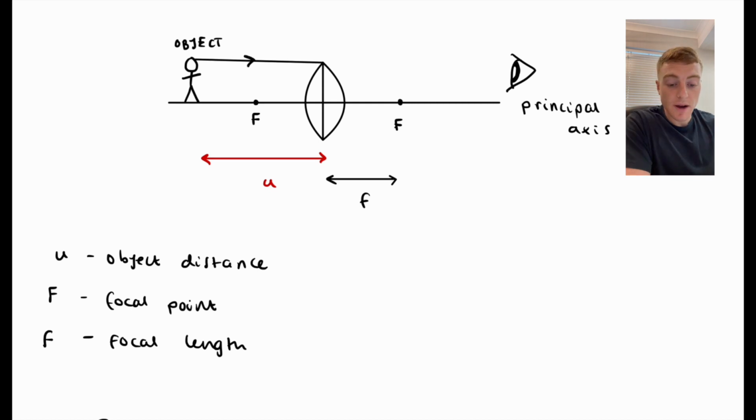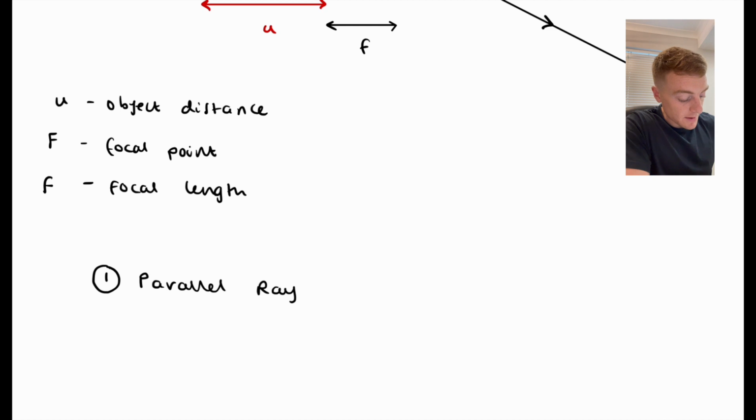Now the parallel ray gets refracted through the focal point. So as it meets the lens, it gets bent and it travels through the focal point. Okay, so you've got a parallel ray that gets refracted through the focal point.